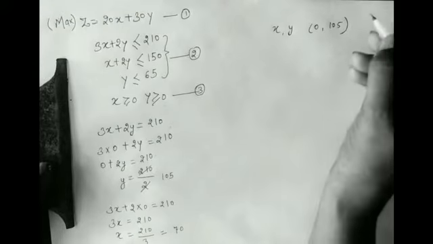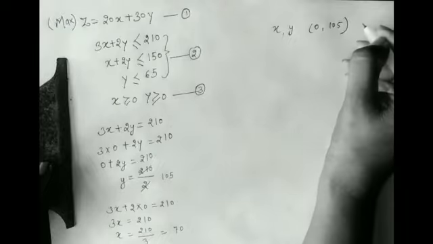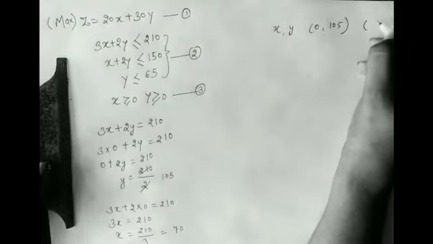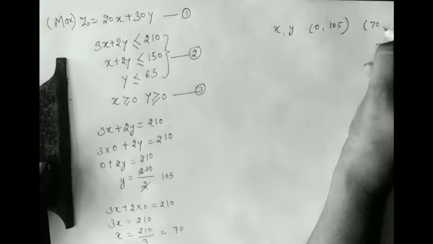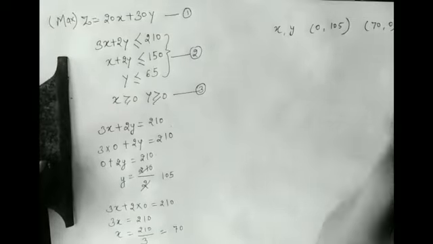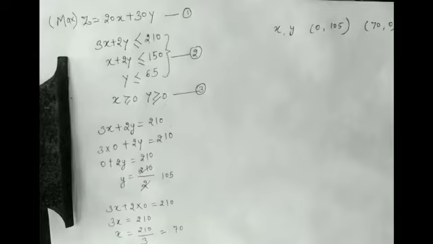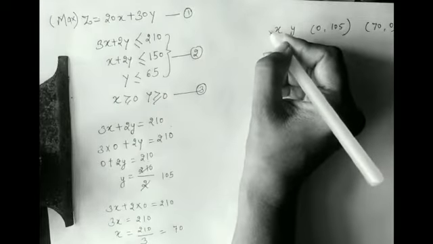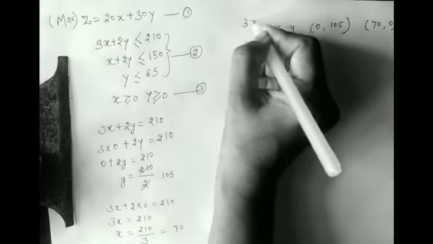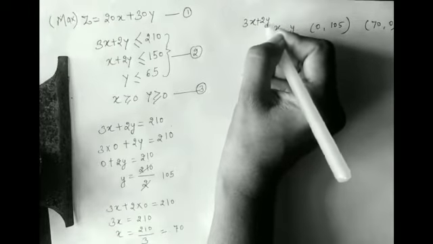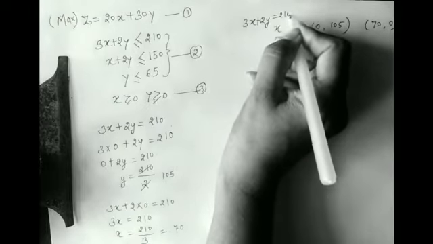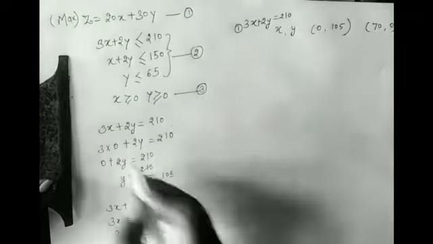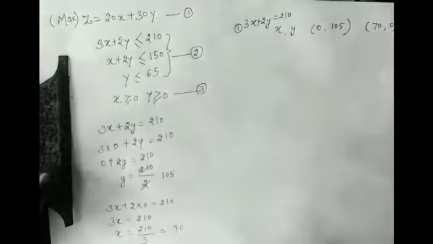So the second point of this constraint is x is 70 and y is 0. So this is the line of our first constraint, 3x plus 2y equals 210.